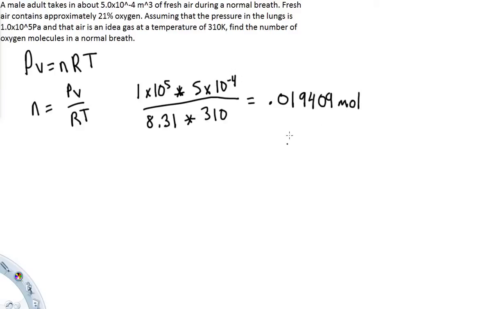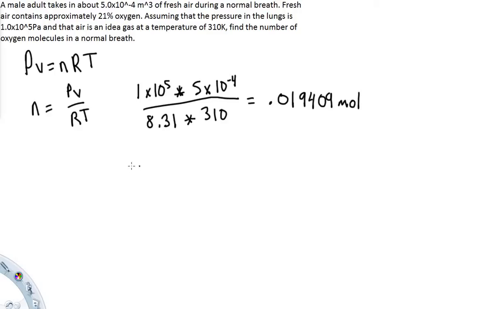When you solve for this, don't do any rounding, and just keep that number in your calculator because we will be using it in a second.